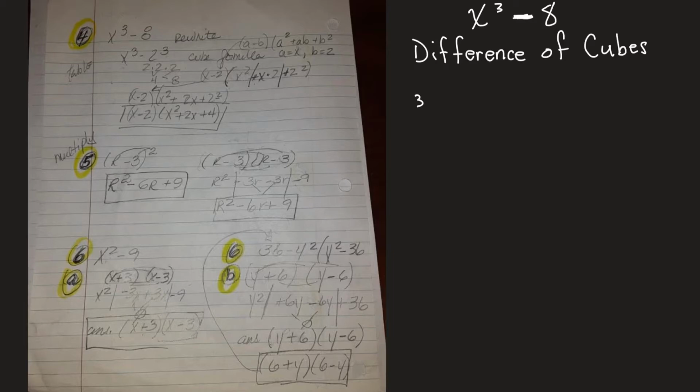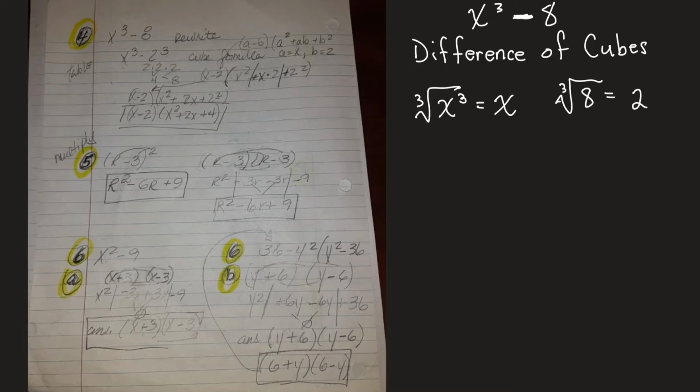The cube root of x to the third power is just x. And the cube root of 8, you might not know that off the top of your head, but you've got to be familiar with at least your basic perfect cubes, just like your basic perfect squares.